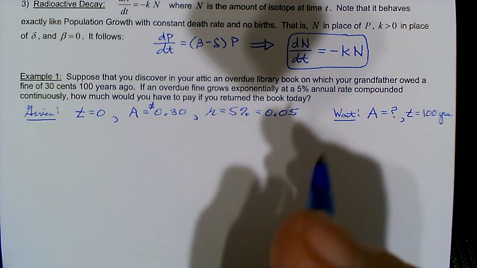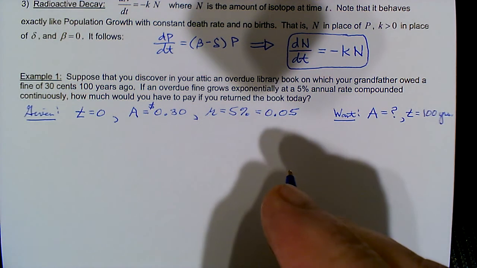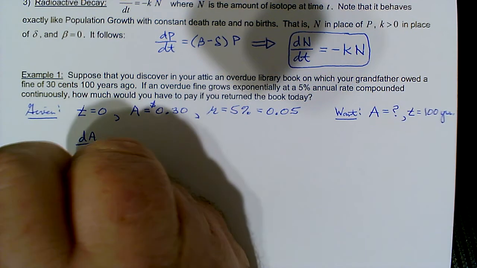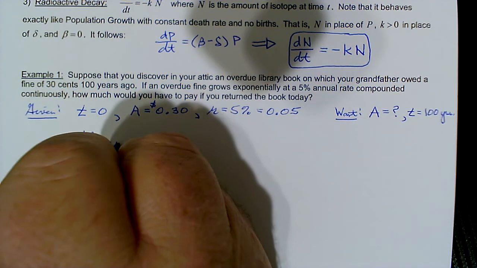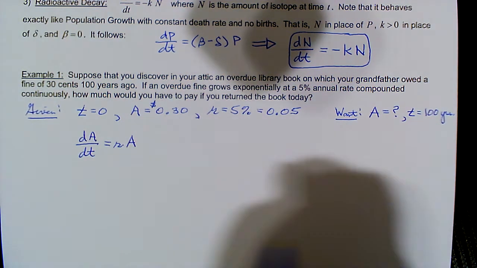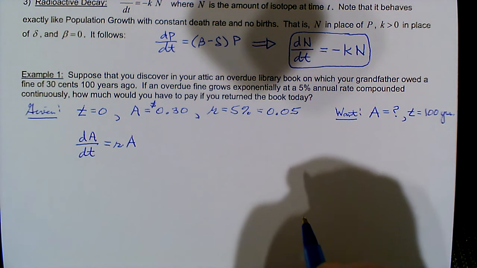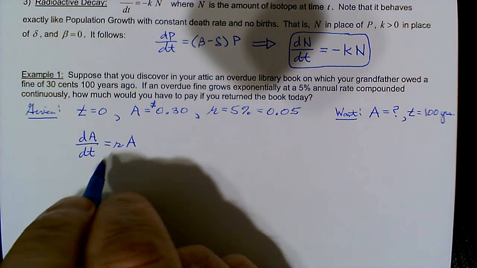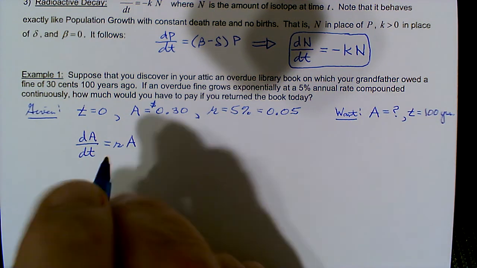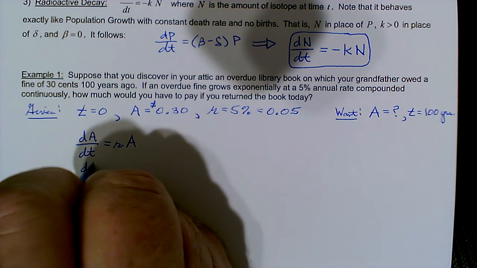Okay, so we start with our formula for compound interest, and that is that dA dt equals R times A, and we could substitute the rate because that's not changing. Note that the amount's changing, but the rate is not.